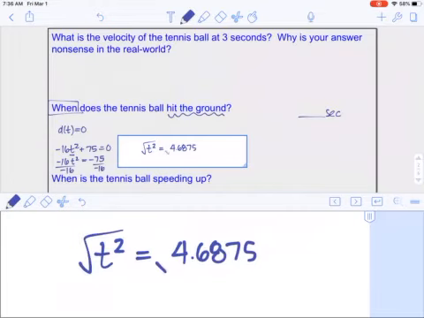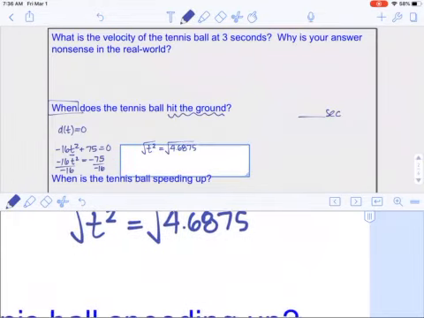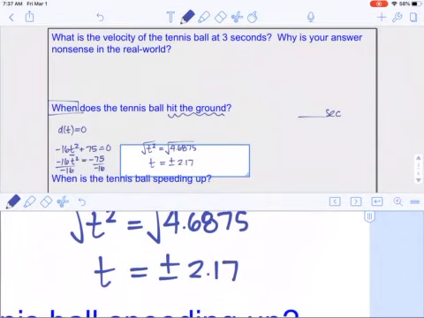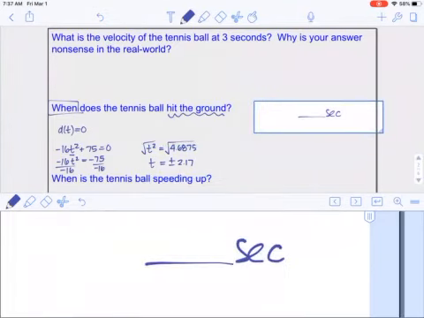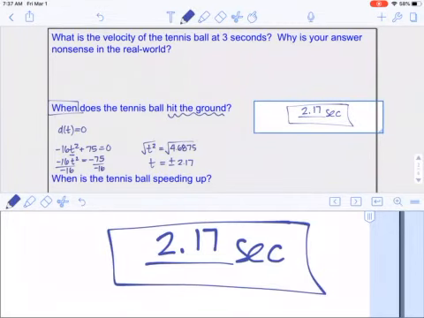If I take the square root of both sides, remember when you introduce the square root, there are 2 answers, so t equals plus or minus 2.17. In this particular case, the practical domain says that it's just the positive one. There is no such thing as negative time. So it hits the ground at 2.17 seconds.